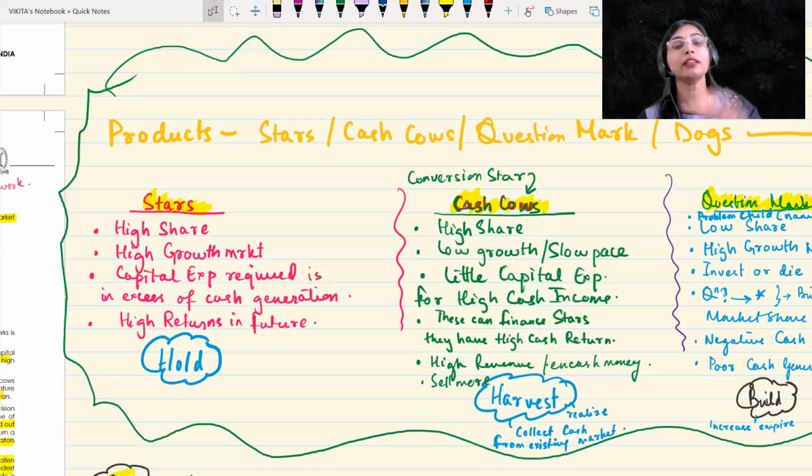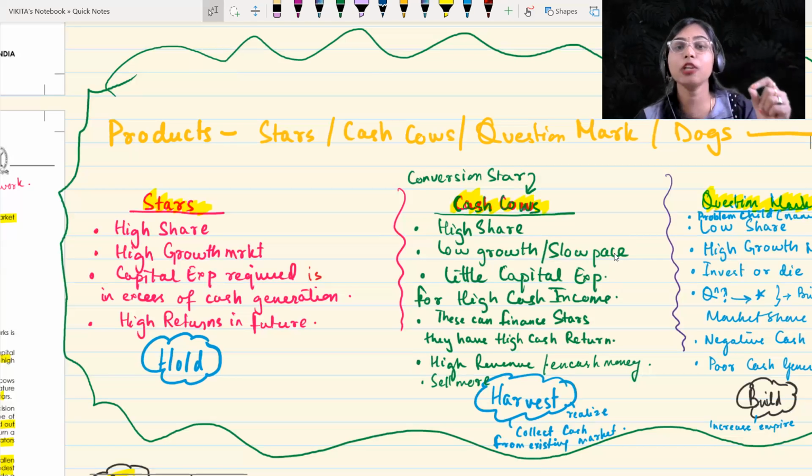Next, when stars get converted into cash cows, the growth of the product reduces and is low, and the share of the product is high. At that time, with high share and low growth, the pace is low, but you don't have to invest much.